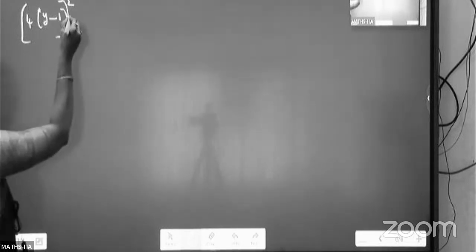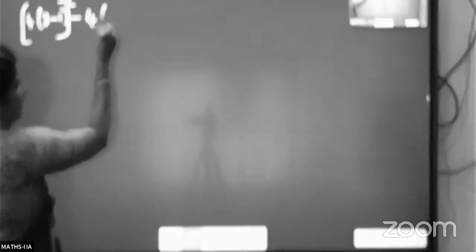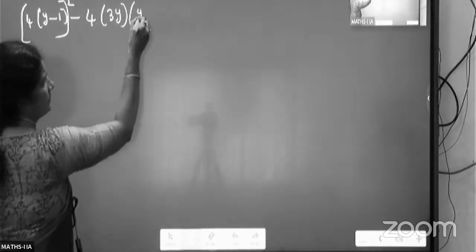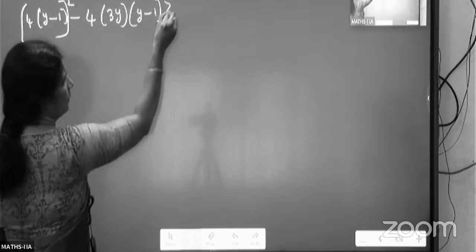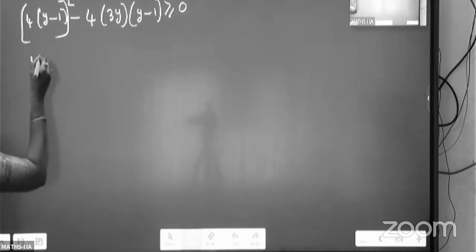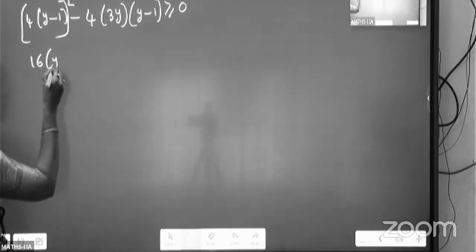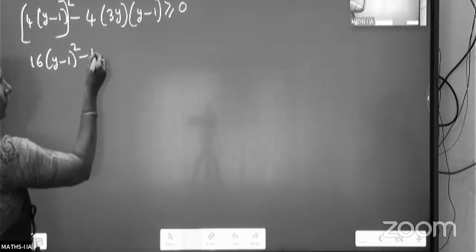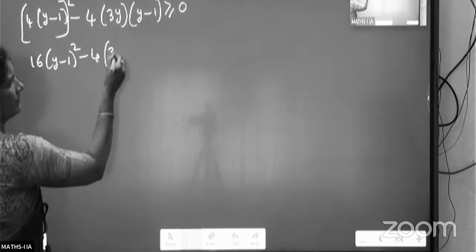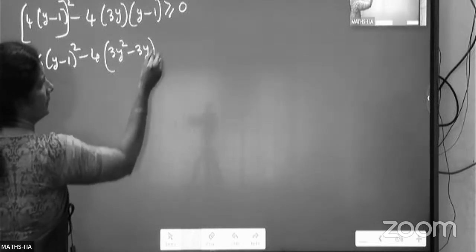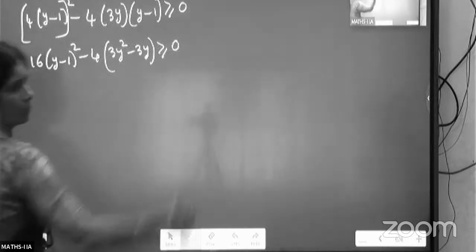B square minus 4, a value is 3y, and c value is y minus 1. What do you get here? Greater than or equal to 0. Then simplify this. 4 square is how much? 16 into (y minus 1) whole square minus 4 into, multiplying both of them, (3y square minus 3y), greater than or equal to 0.